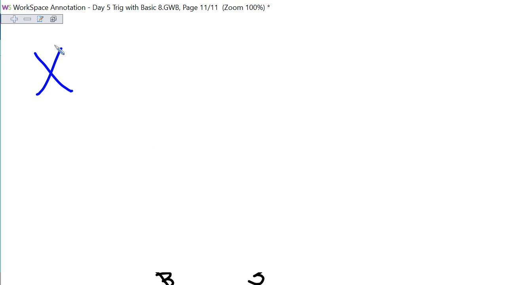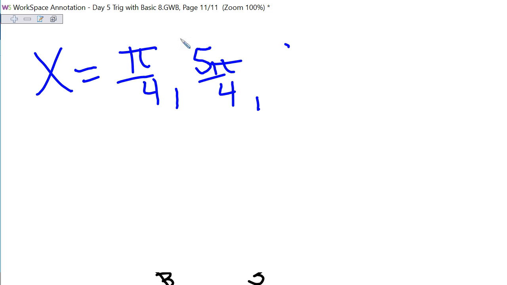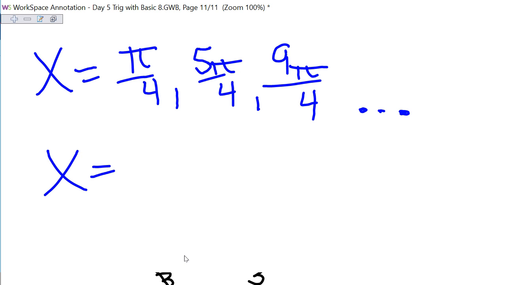Now, one more thing I do want to point out is another problem with that recursive formula. We're not going to work something completely out, but let's say I have answers of pi over 4, 5 pi over 4, and 9 pi over 4. Let's figure out what the recursive formula would be to write all possible solutions for x. So when you write your formula, what was the first solution? Pi over 4.